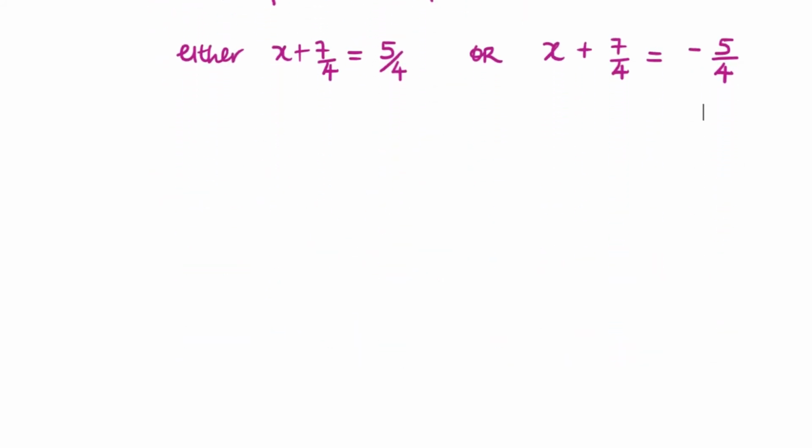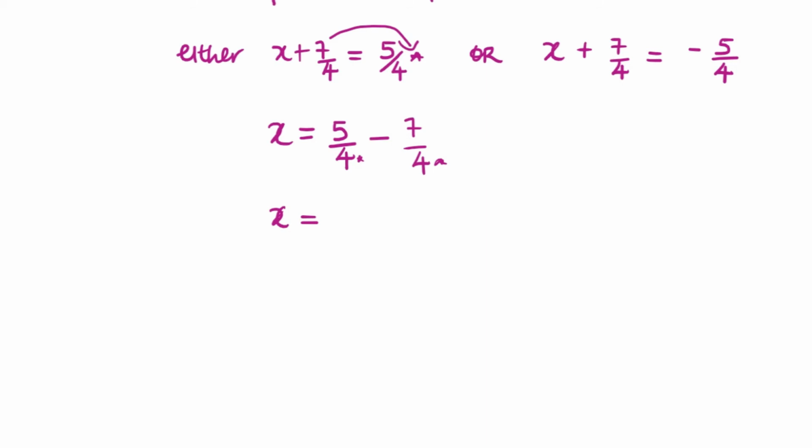First of all, we solve the first part. So we are saying x is equal to 5 over 4. This 7 over 4 goes the other side, it will be minus 7 over 4. So our x here will just be, if the denominators are the same, just add or subtract the numerators.